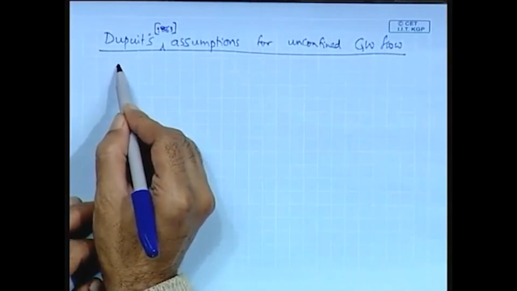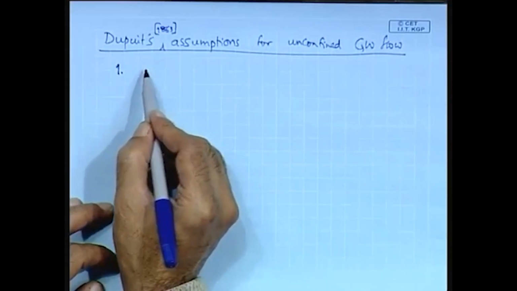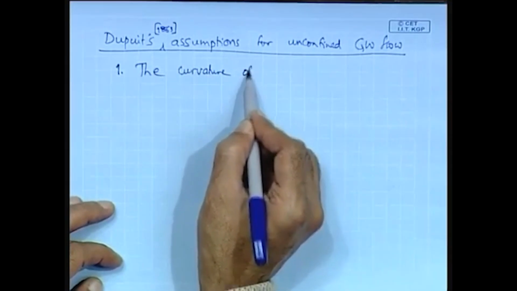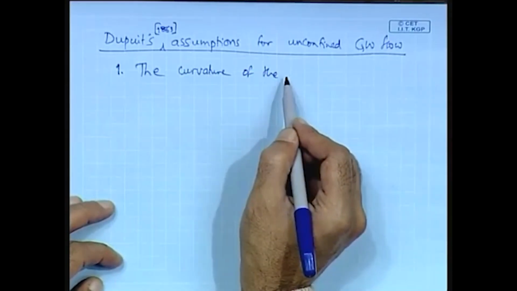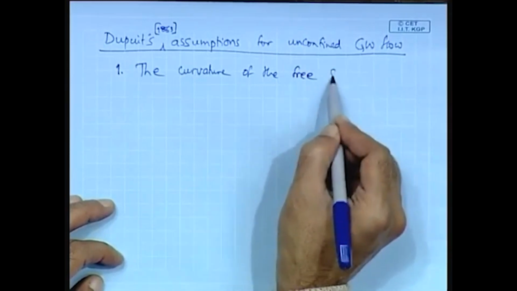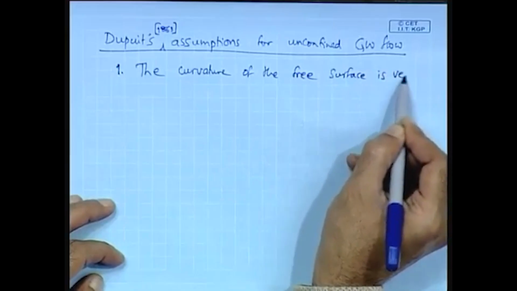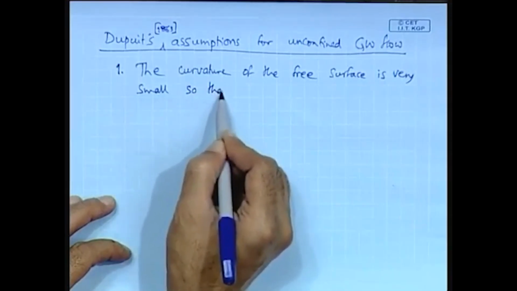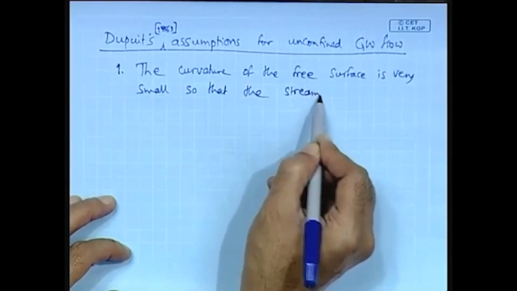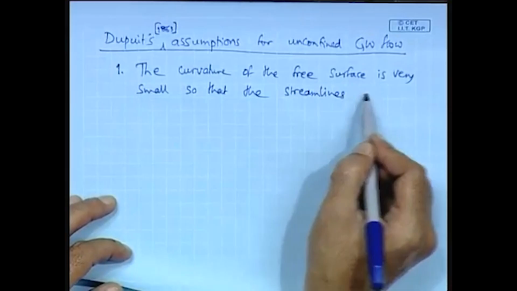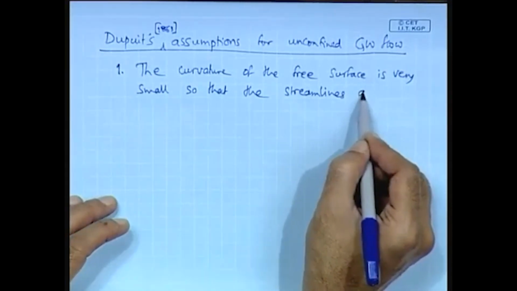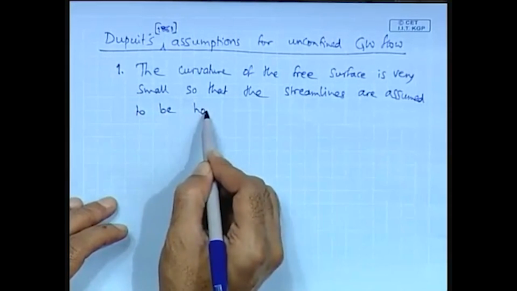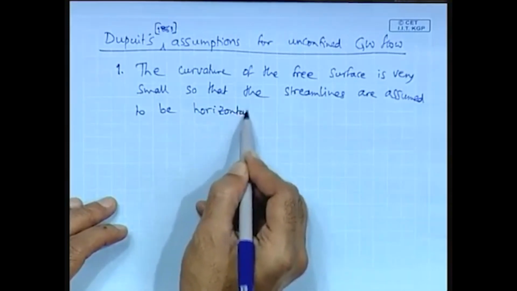The first assumption is the curvature of the free surface is very small, so that the streamlines are assumed to be horizontal at all sections.